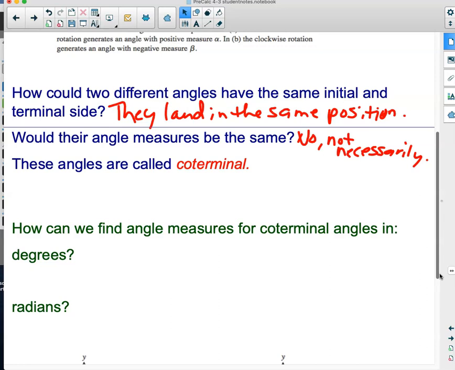Multiply by 180 over pi, or pi over 180 degrees. Okay, so you're talking about how do we find out what we have in degrees and radians, or what we have in radians and degrees. This is saying, how do we get those terminal sides to be the same but have two different angle measures?